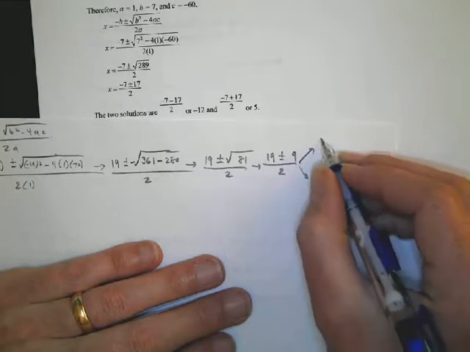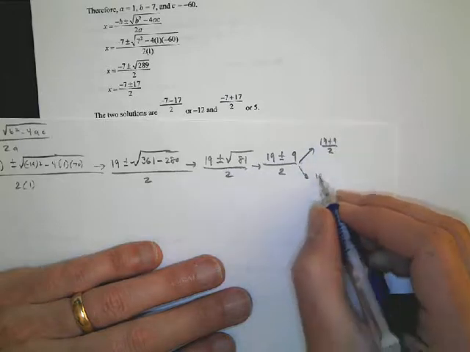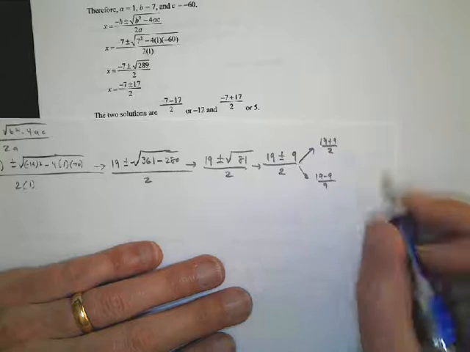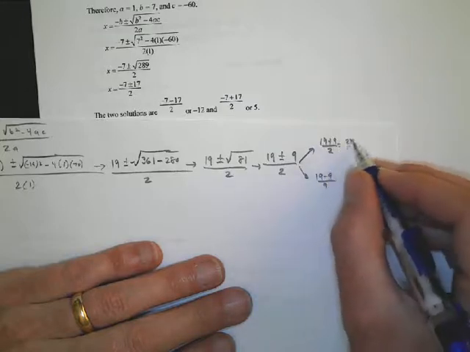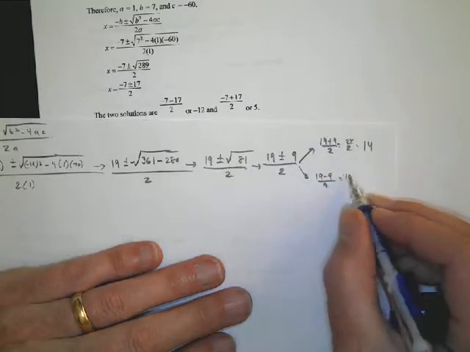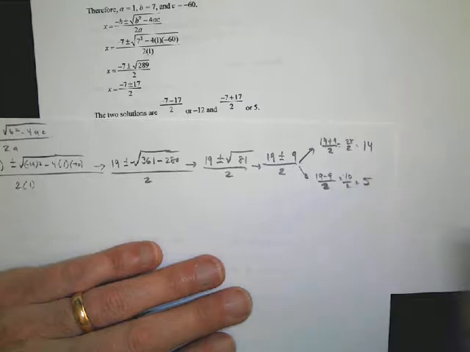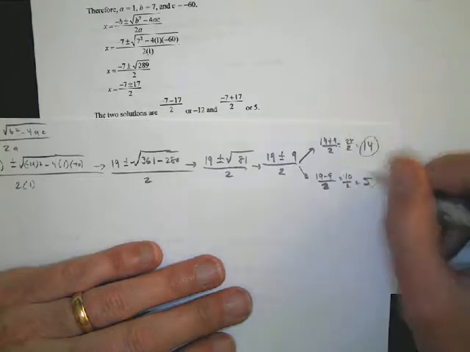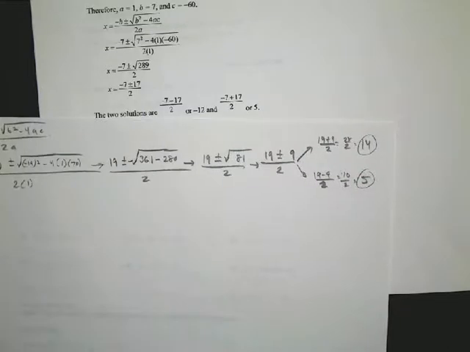I can do 19 plus 9 divided by 2, and I can do 19 minus 9 divided by 2 for my two solutions. 19 plus 9 is 28 over 2, which equals 14. 19 minus 9 is 10 over 2, which equals 5. So I end up with two solutions, 14 and 5, for that equation using the quadratic formula.